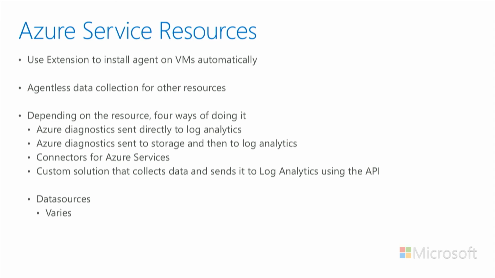There are some connectors for Azure services that you can install on OMS to collect information from the services themselves. For example, in the labs you will see how you can install the Application Insights connector to get information from Application Insights into Log Analytics. And you can also have custom solutions, which is something you have to do on your own, that collect the data and send it to Log Analytics using the API. The number of data sources used on this kind of resource varies according to the resource itself.